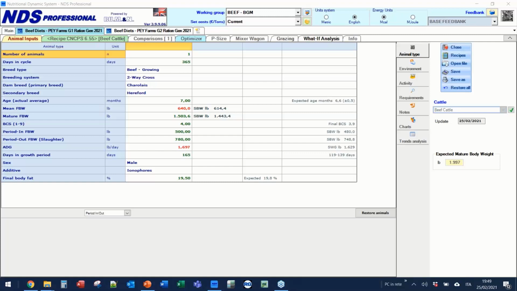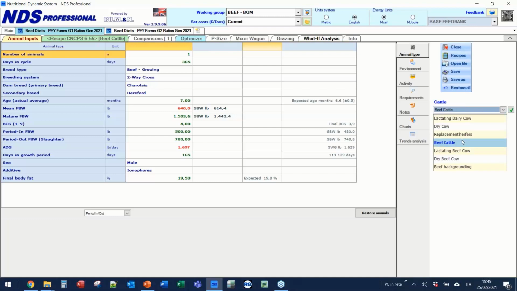The beef section of NDS is able to formulate a diet for different types of beef: growing and finishing beef cattle, lactating beef cow and dry beef cow.